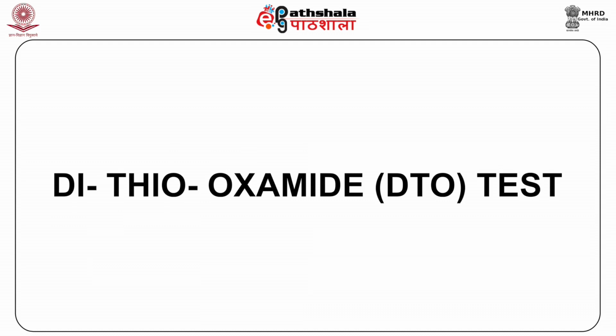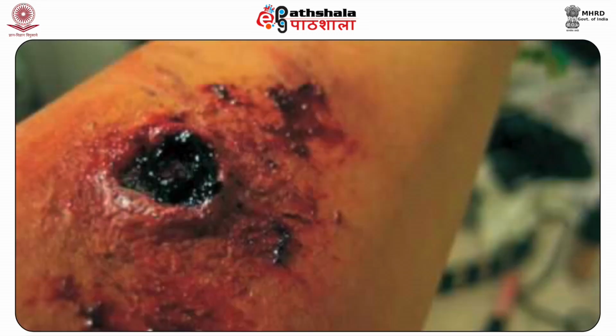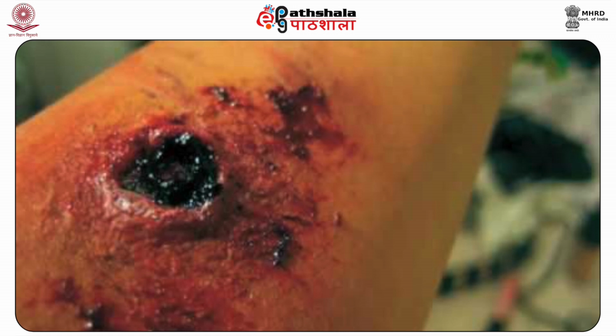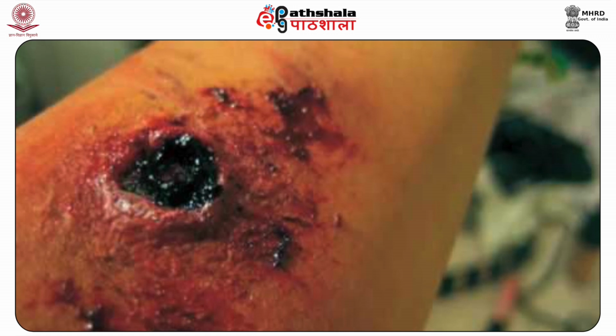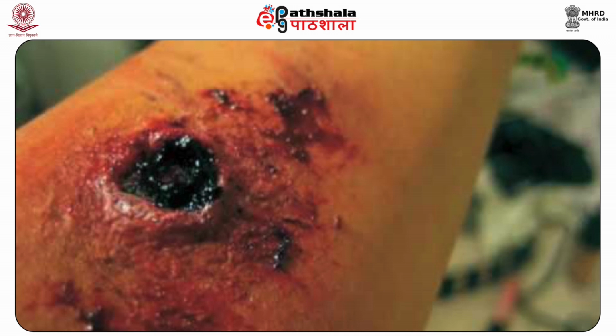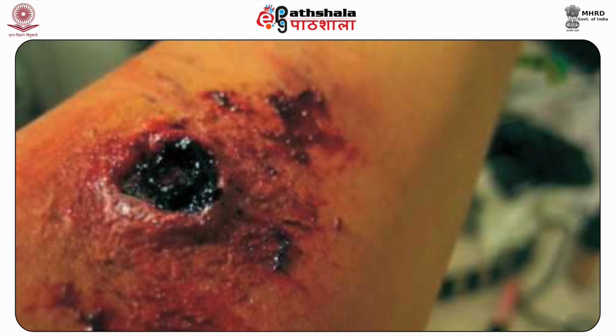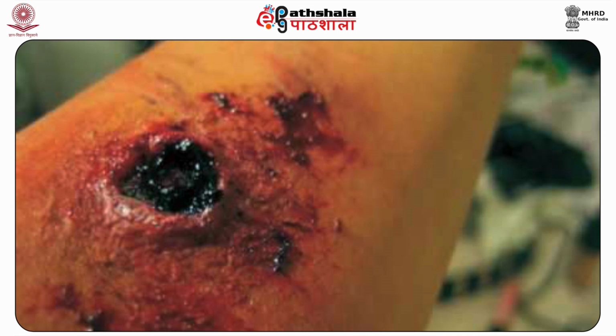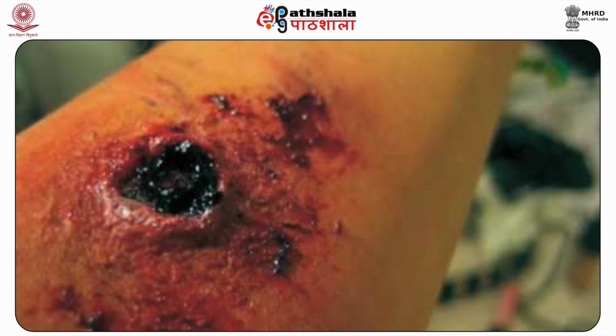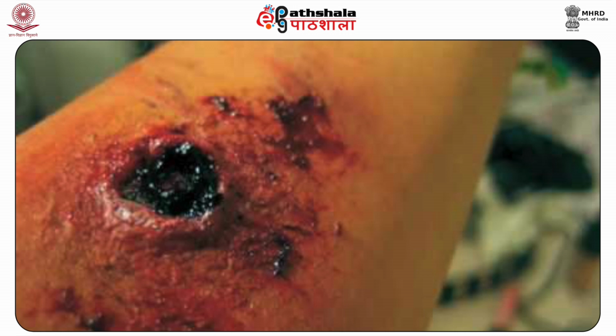Dithiooxamide DTO test. This test detects copper and nickel and can be utilized for the determination of bullet entry and exit holes for fully jacketed gilding material, copper, zinc, and cupronickel CuNi bullets.